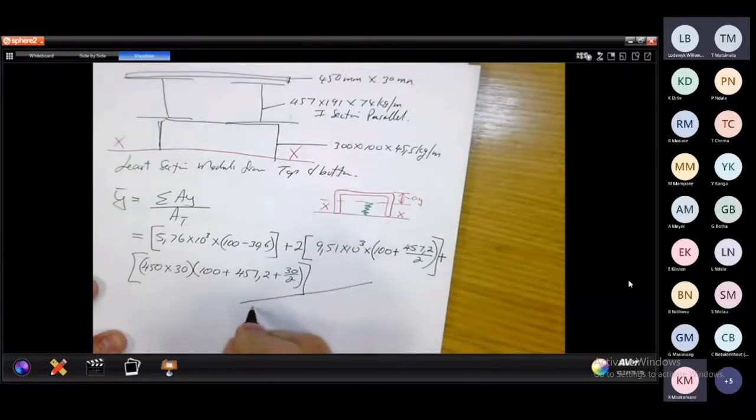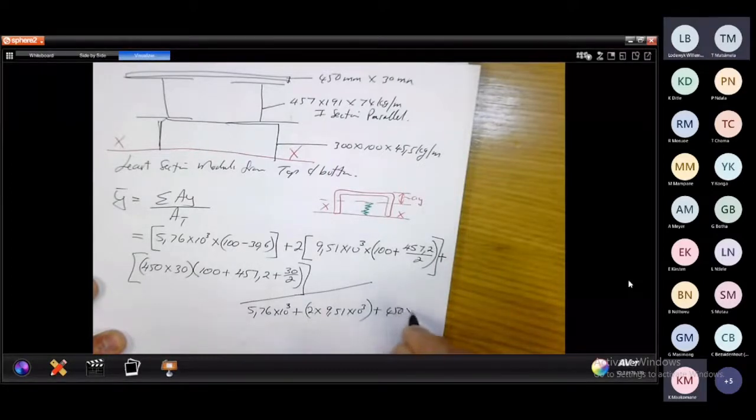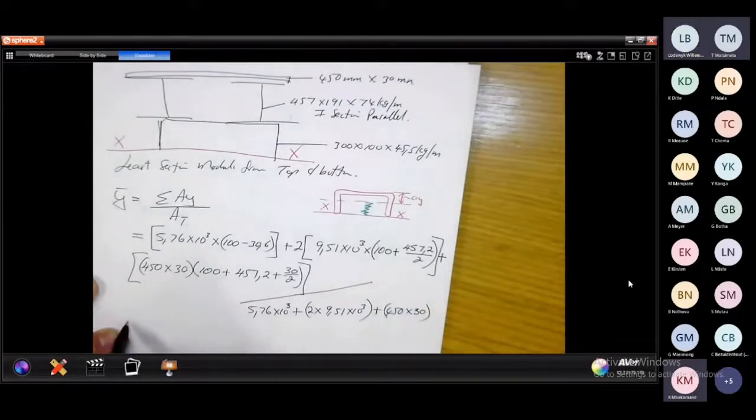Area total is 5.76 times 10 to the power 3 plus 2 times 9.51 times 10 to the power 3 plus 450 times 50. Calculate and tell me what is the answer.